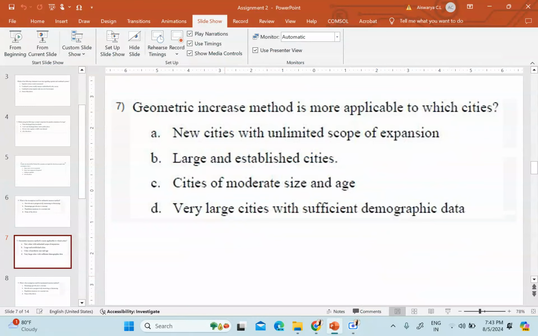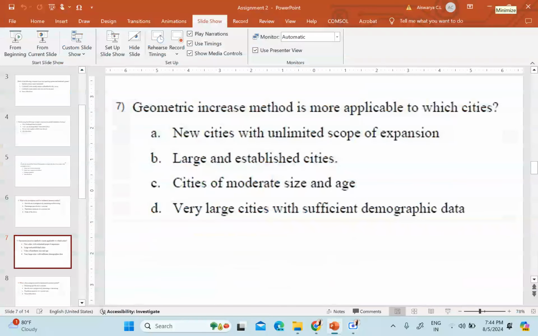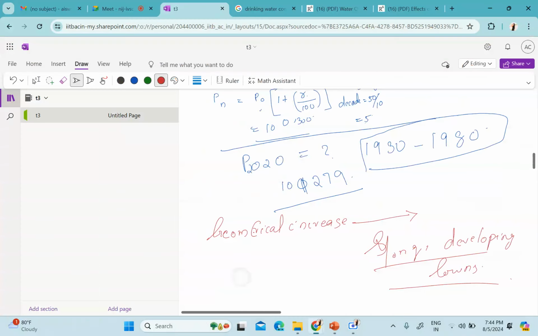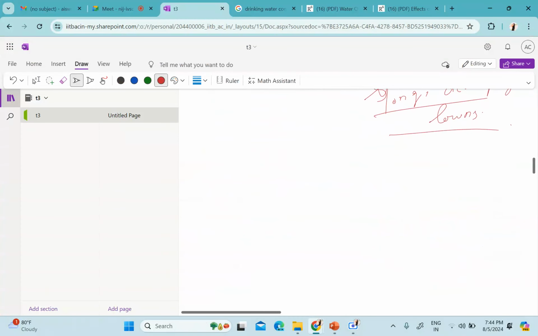For example, in an area there is a small city, but if a new port is coming nearby, then even though there is already a city, there is new scope.